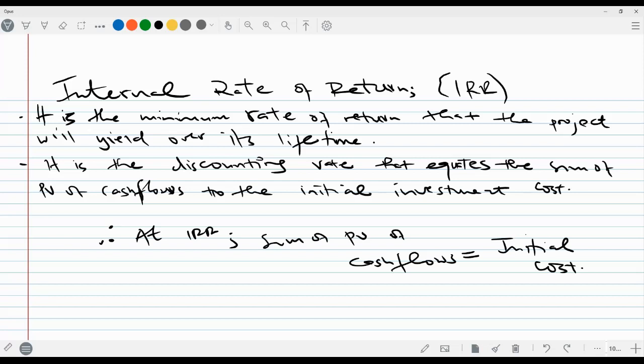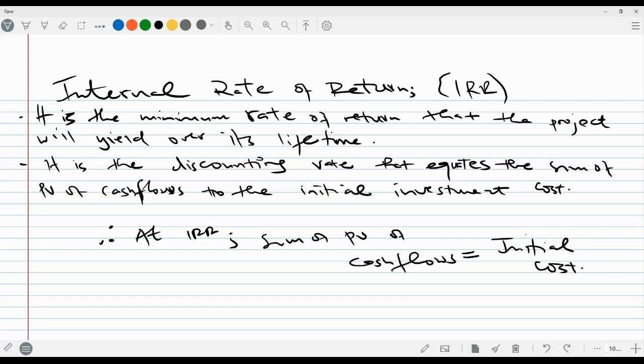In case we were to discount the cash flows from the project at the IRR, the sum of that present value of cash flow will be equal to the initial cost. For example, in this question I've just done, the initial cost is 8 million. So if we discount the cash flows of the project and get the sum of present value to equal 8 million, the rate we have used there is our IRR.